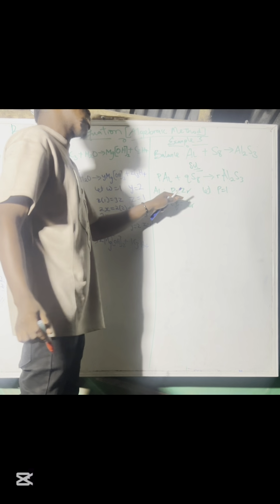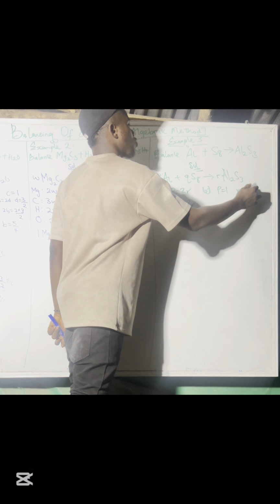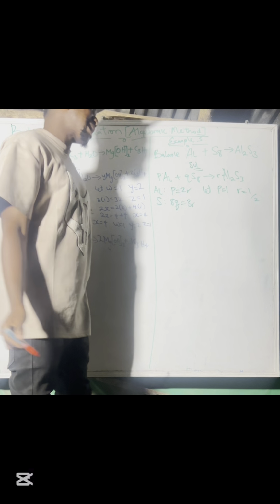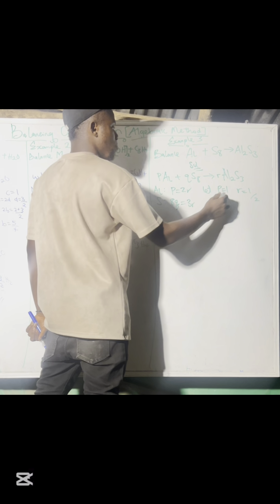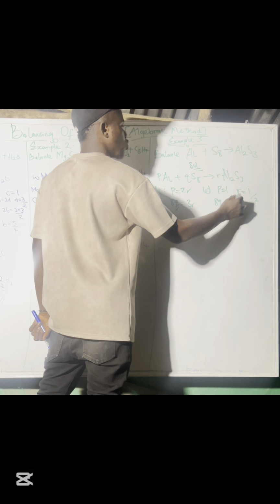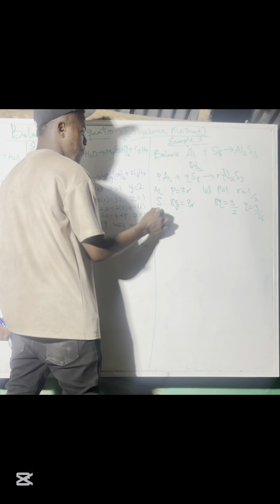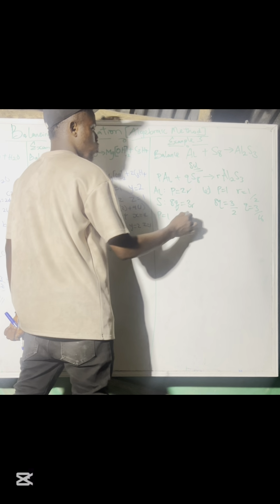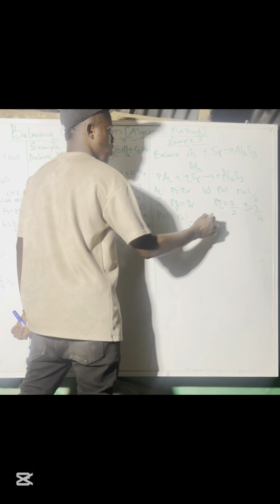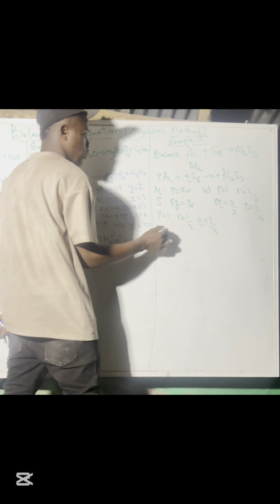So if P is equal to 1, guys, my R is equal to what? 1 over 2. Are you there? And if R is equal to 1 over 2, my 8Q will equal 3 over 2. Therefore, my Q will equal 3 over 16. So my P is equal to 1, R is equal to 1 over 2, Q is equal to 3 over 16. Substitute it into this expression.